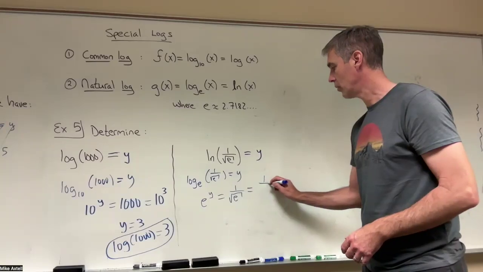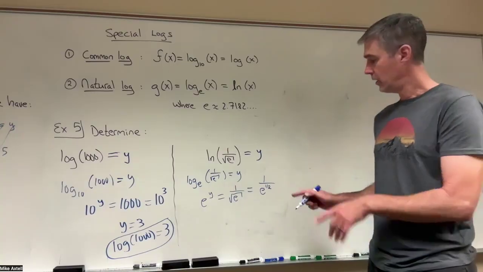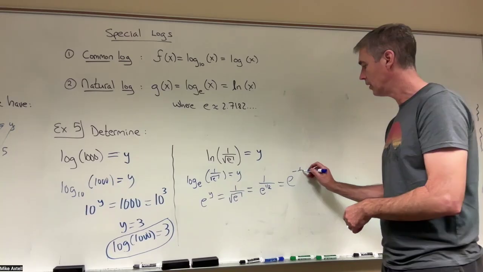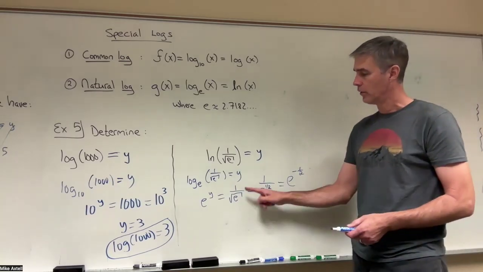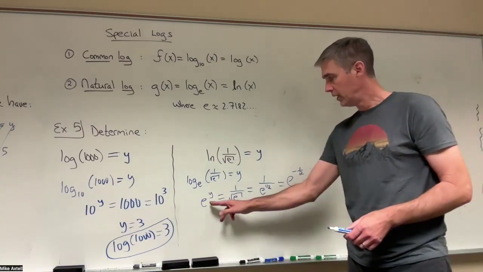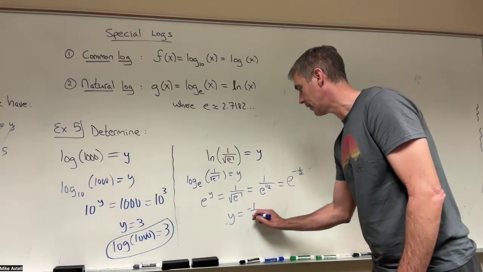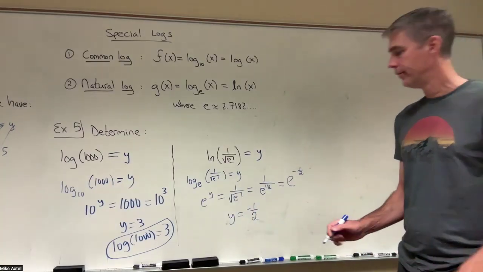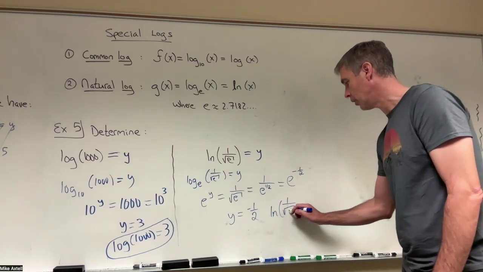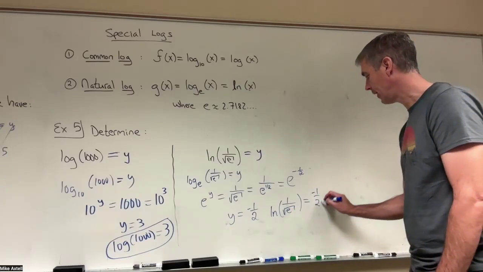So I know the square root is the 1/2 power. And I know if I've got an e in the denominator, I can bring it up to the numerator by making the power negative. So 1 over the square root of e is the same as e to the negative 1/2. All right. Well, if e to the y equals e to the negative 1/2, then I've got to have y equals negative 1/2. Or in summary, the natural log of 1 over the square root of e is equal to negative 1/2.